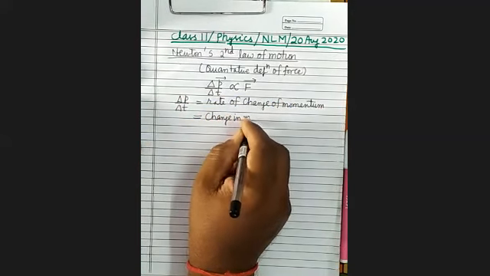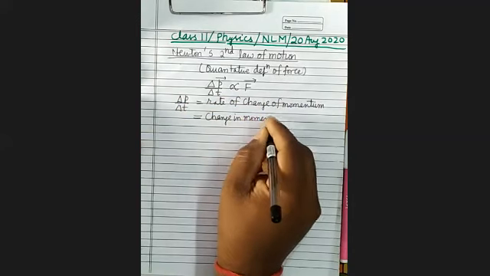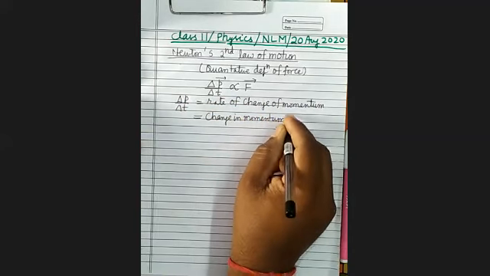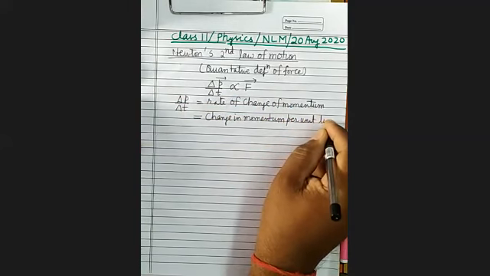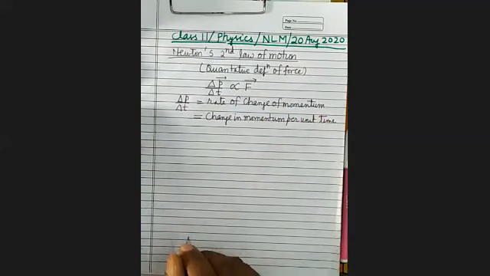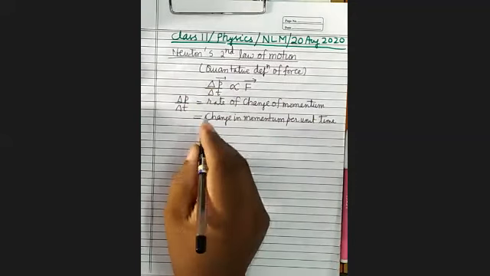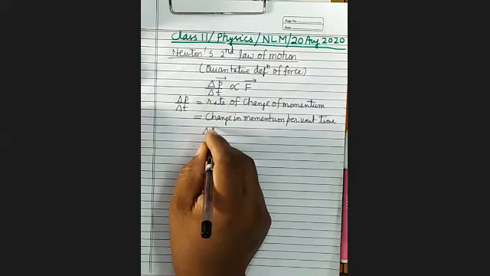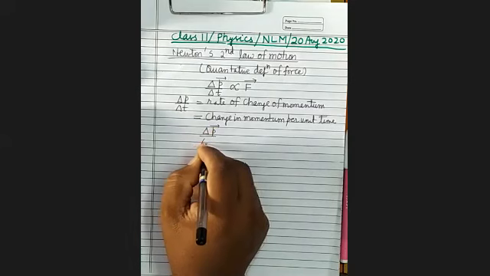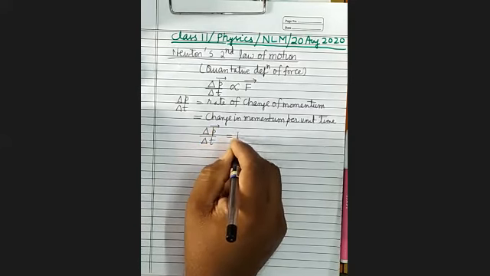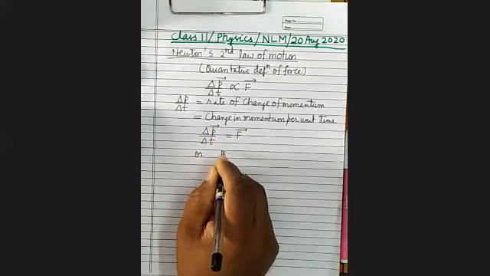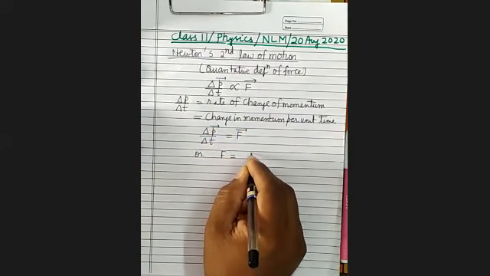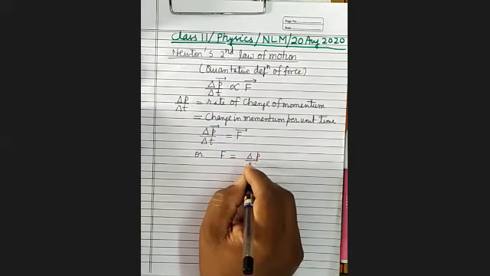Now you can see here, we can also write it like this: delta P upon delta T equals to F. Or simply we write it as F equals to delta P upon delta T. It's clear?